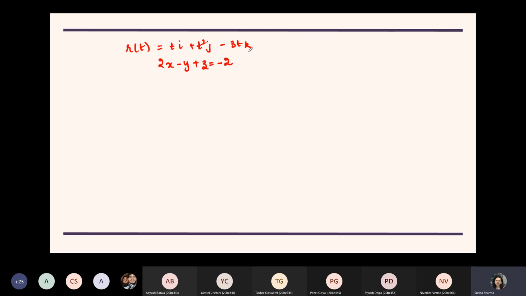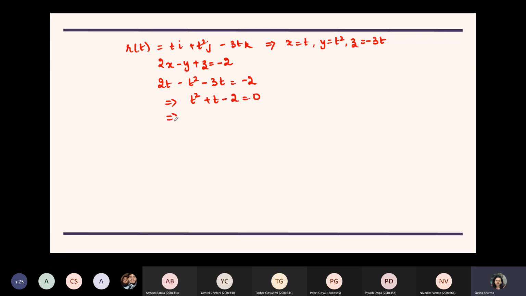Using this position vector, the expression of the curve, I can get its parametric representation. So x is t, y is t square, z is minus 3t. Now I substitute these values of x, y and z in the plane, because I want a point which lies on this curve as well as on the plane. When I put these values here, I get 2t minus t square minus 3t equals minus 2, which implies t square plus t minus 2 is 0.